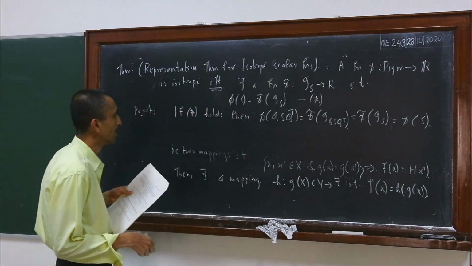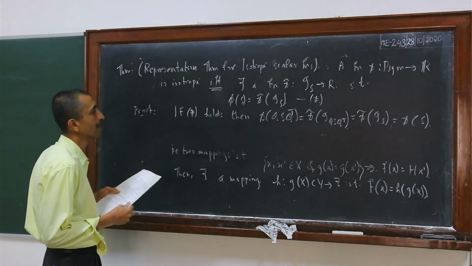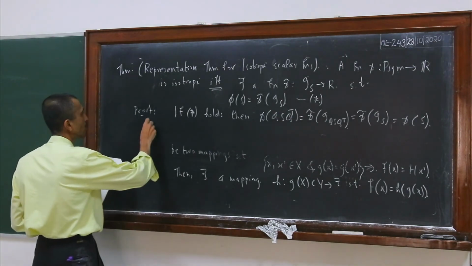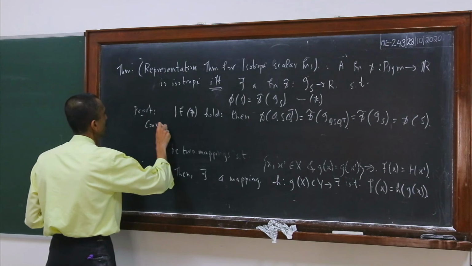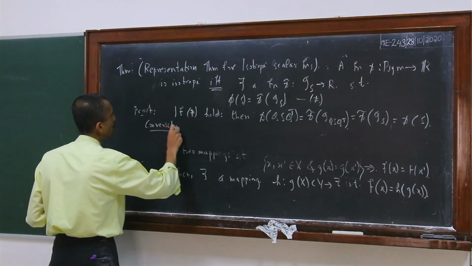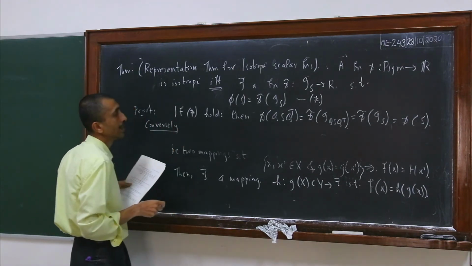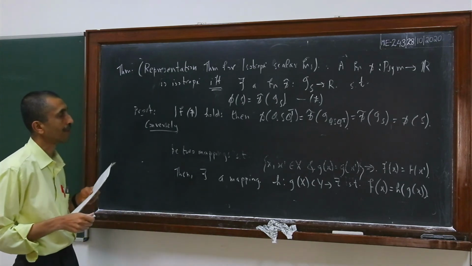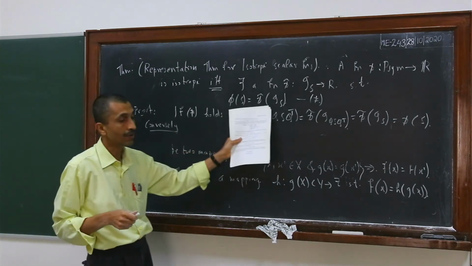So the converse is a little bit harder. Conversely, we want to show that if phi is a scalar valued isotropic function, then it must have this particular form.